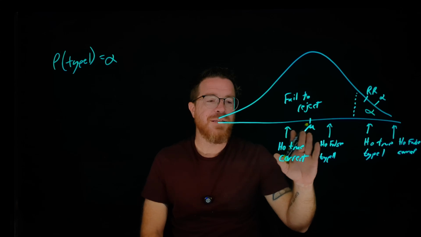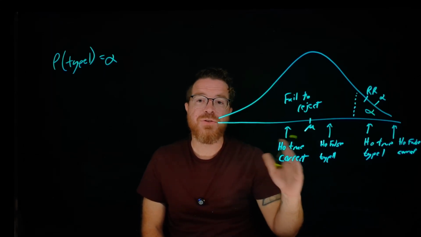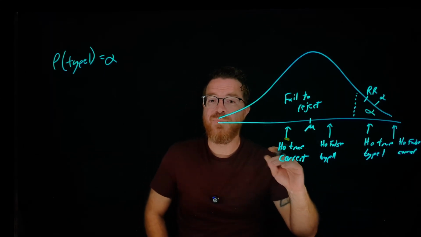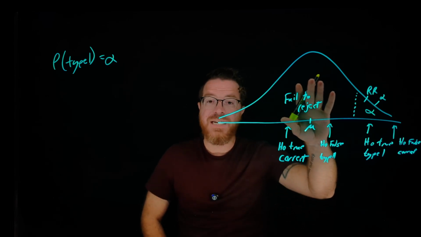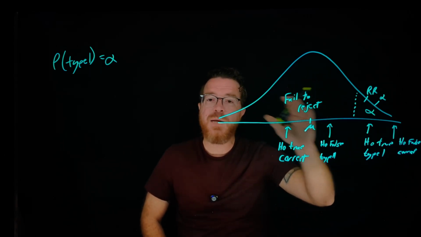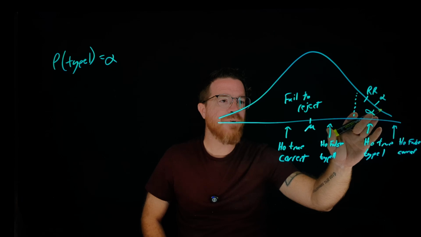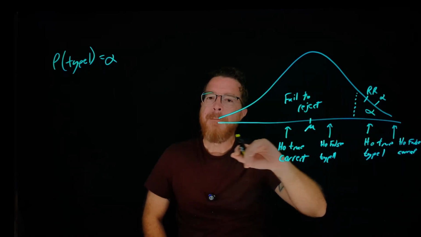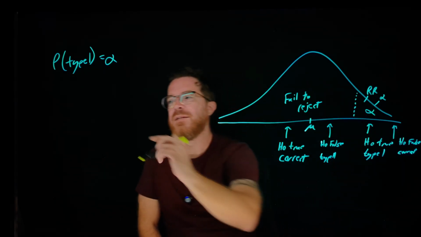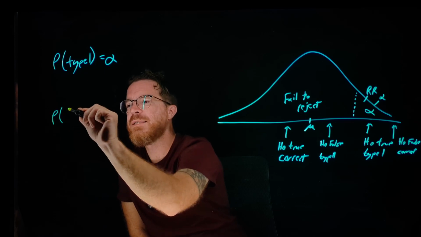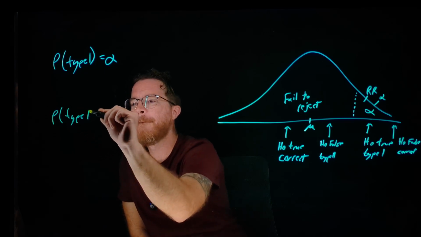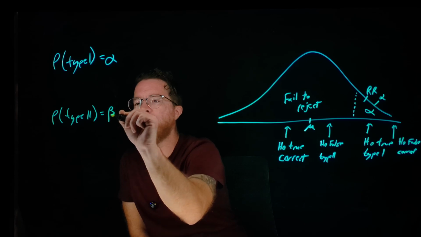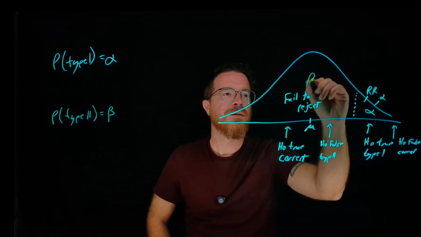And if we have a null hypothesis which is false, and we were to erroneously put it into this fail to reject region, a lot of people might think, okay, well, this is alpha, so this is 1 minus alpha. It is, but not so fast. So the probability of getting a type 2 error is going to be equal to beta.